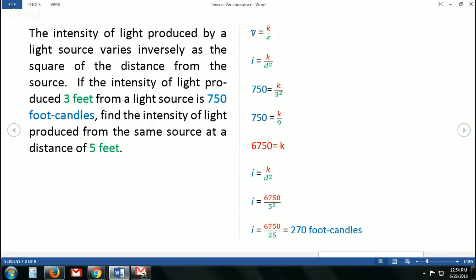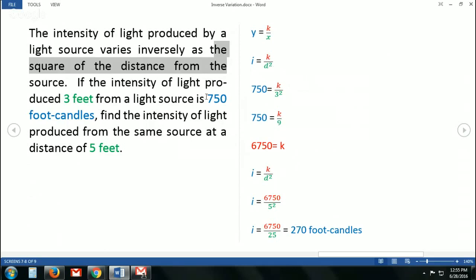Well, we like to start with y equals k over x. This time, we know that the intensity is varying inversely. So intensity is our constant of variation over our distance squared. The square of the distance, that is our denominator.